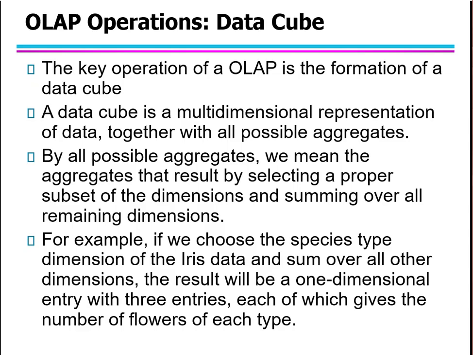By all possible aggregates, we mean the aggregates that result from selecting a proper subset of the dimensions and summing over all remaining dimensions. For example, if we choose just the species type dimension of the iris data and sum over all other dimensions, we get a one-dimensional entry with three values, each giving the number of flowers of each type.